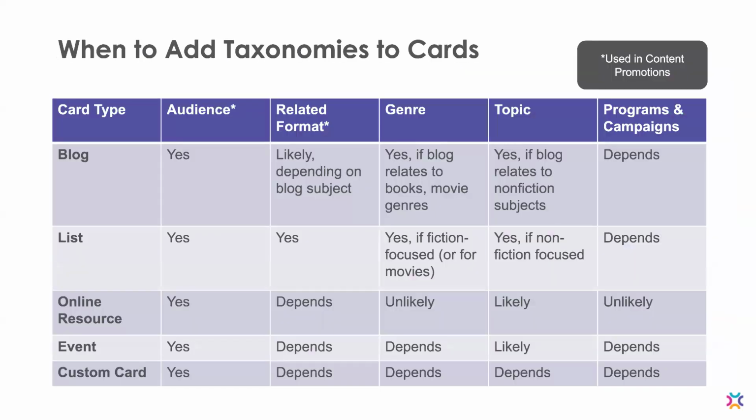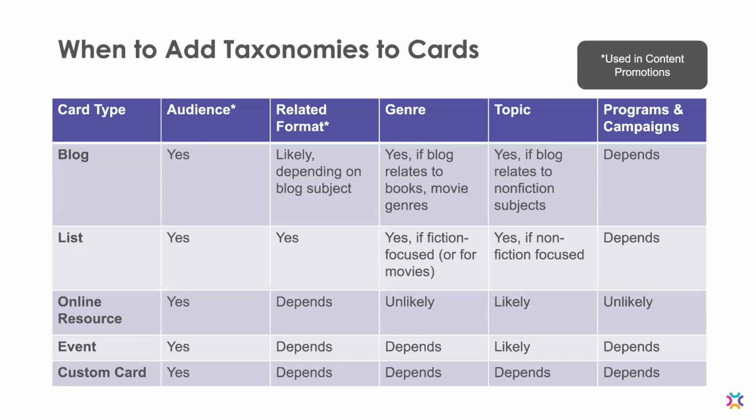So if you're like, oh goodness, this is a lot to remember, when should you just generally add taxonomies to cards? If it's a blog, pretty much should always want to apply an audience. Maybe you apply a related format, but it depends on the blog. If you're blogging about artificial intelligence, maybe it doesn't relate necessarily to a format in your collection.